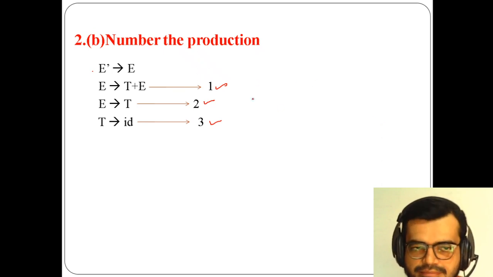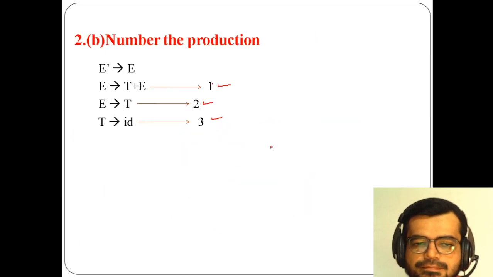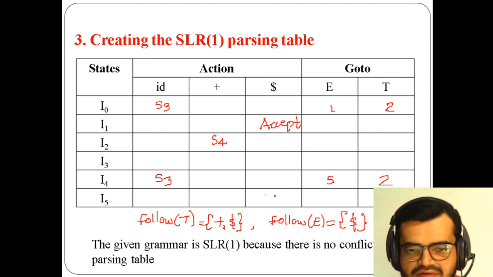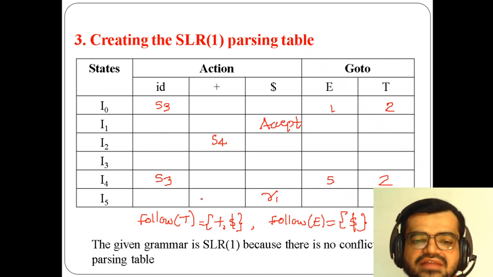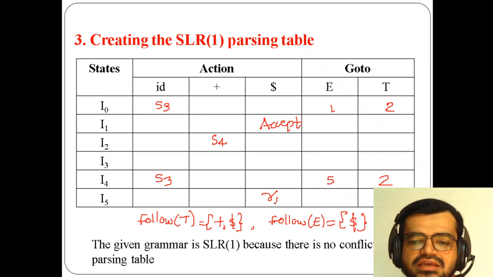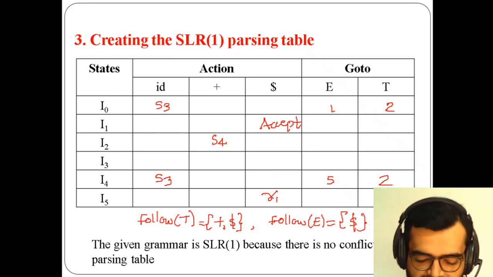So R1 in I5, and where follow of E only. So R1 here only I am taking. So now you got the difference, right? Previously I had taken R1 here also in LR(0), but here I am just taking R1 here only. Okay, so in this way you are taking.